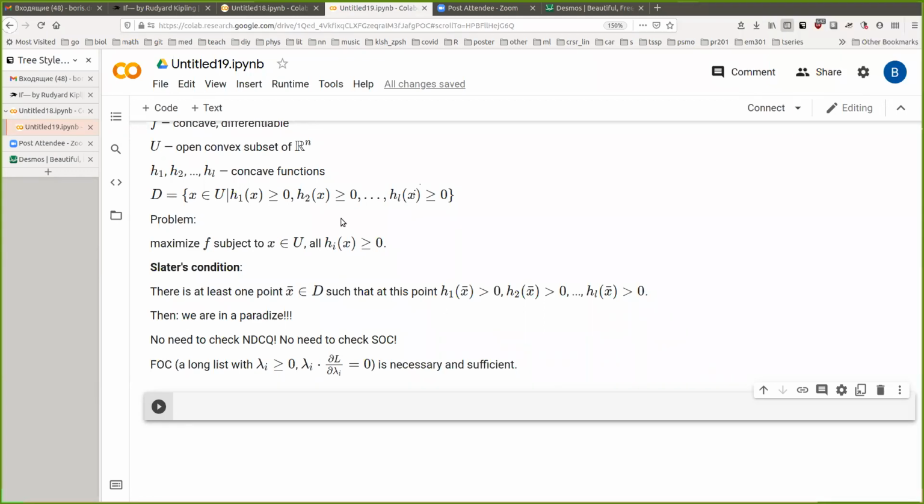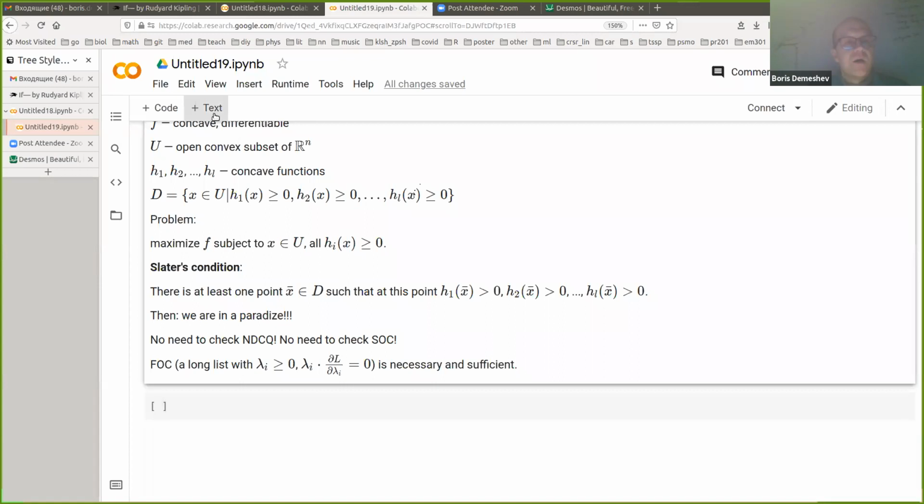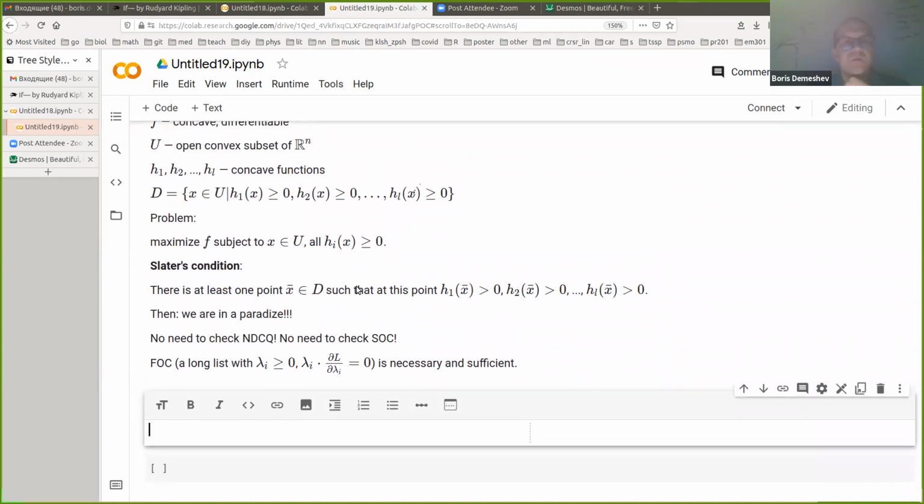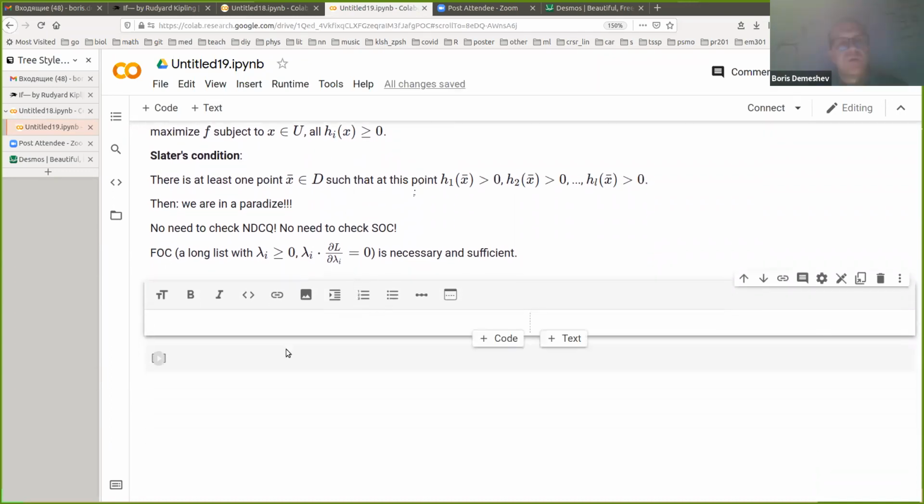Okay. So let's provide a small example when this Slater condition is satisfied.